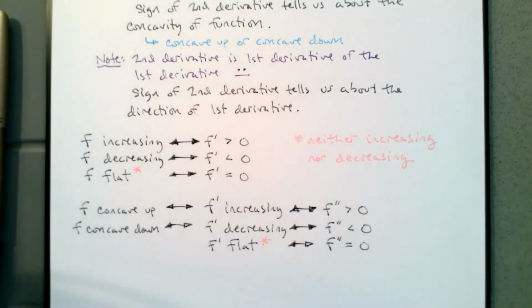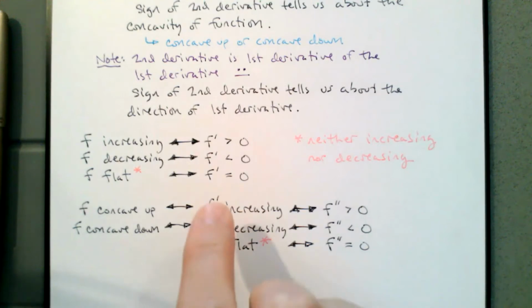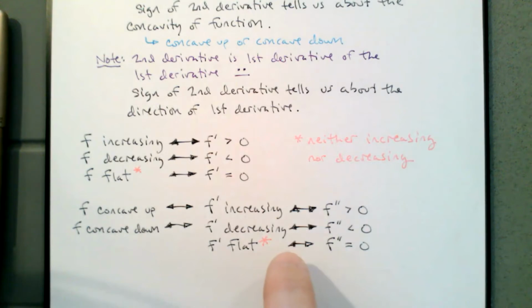It could be that the function is changing direction, going from increasing to decreasing, so we have a local maximum. It could be that the function goes from decreasing to increasing, so we have a local minimum. It could also mean that the function goes from increasing, flattens out, and then just continues to increase, so we don't get a minimum or a maximum. We just know that the function is going to be flat because the slope of the tangent line is 0.